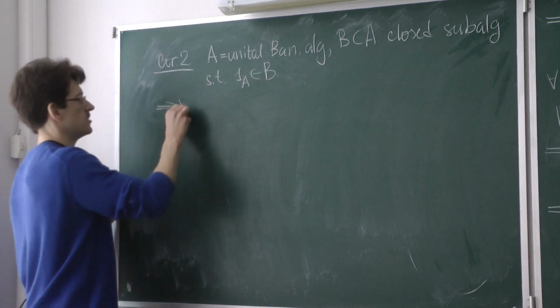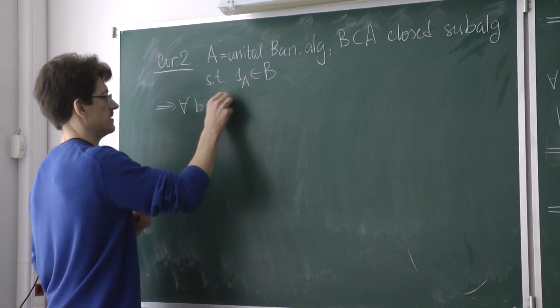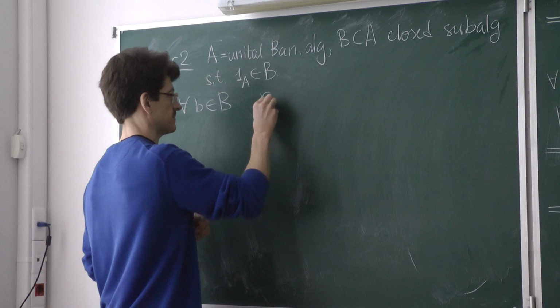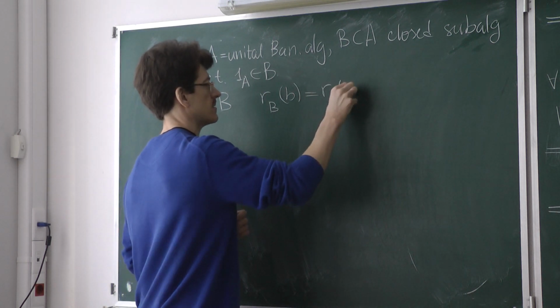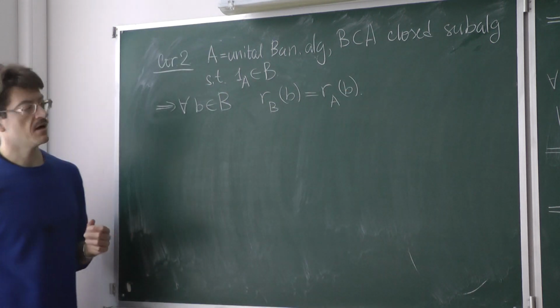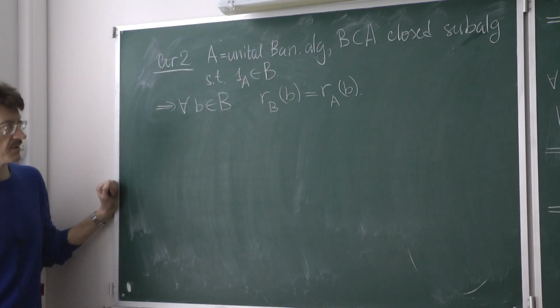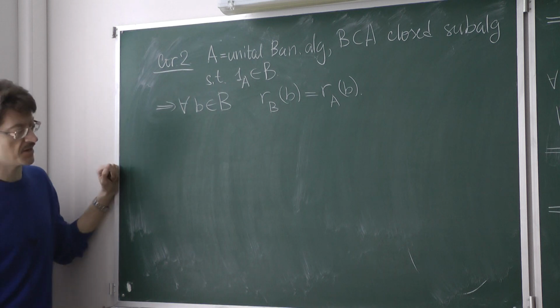Then, for each element little b in the smaller algebra, we have the following inequality. The spectral radius doesn't depend on the choice of the subalgebra. If you take any smaller closed subalgebra, the spectral radius doesn't change.